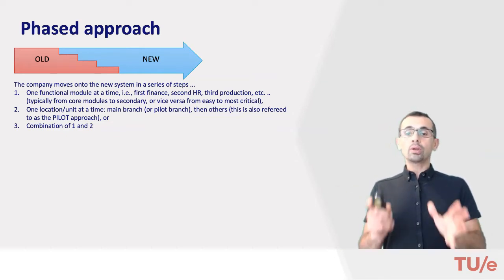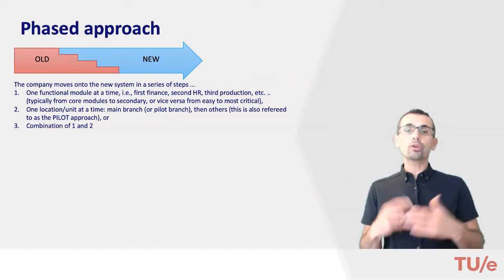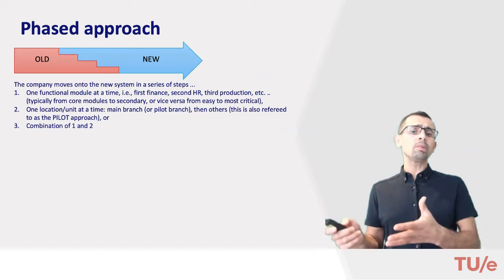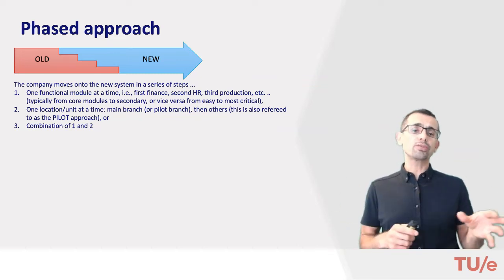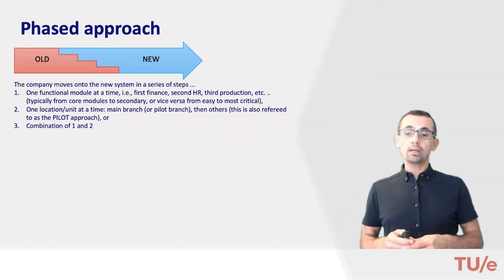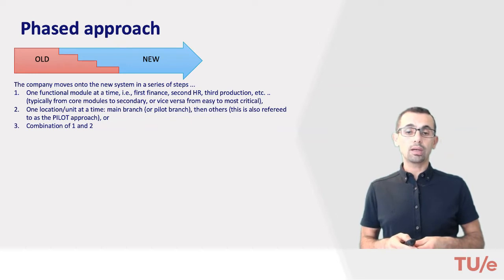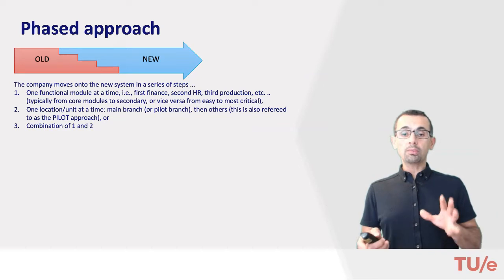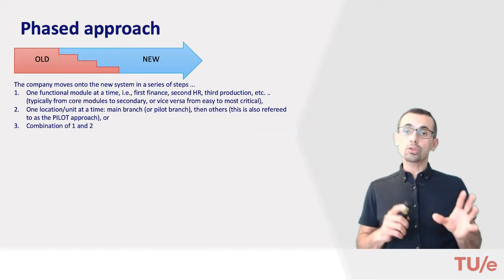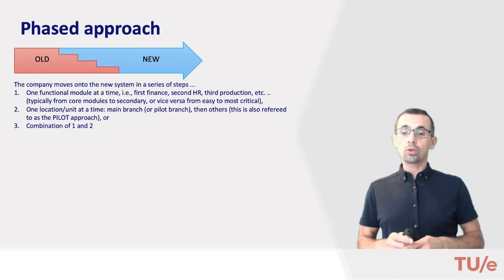Or you do the phased approach per branch or per geographic region. You implement the entire system in a particular branch, for instance, to see if and how it works, and gradually move to the other branches to cover the entire company at the end. This type of phased approach is also referred to as the pilot approach, by the way.